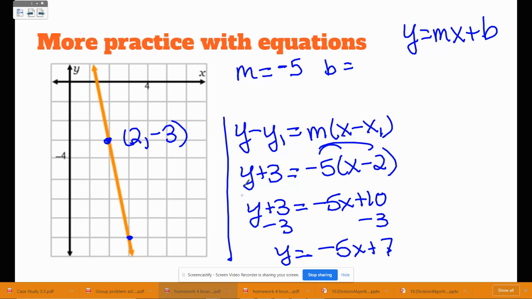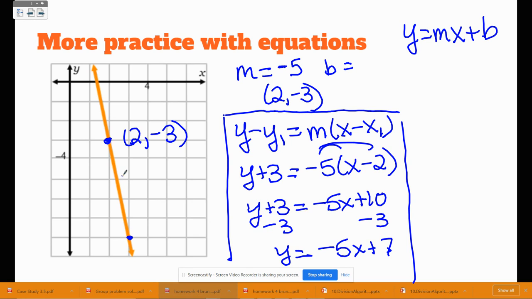Now, I told you that this formula is not good if you don't know it. How could I get this question right if I didn't know the formula? The other option you could have done is said, okay, I don't know what b is, but I know this point 2, -3 is on the line. If you know that, what you could do is you could use this for x and this for y because it's a point on a line, this for m, to find b.